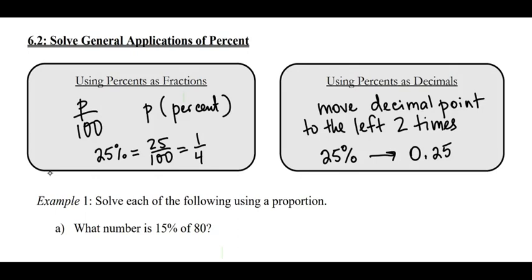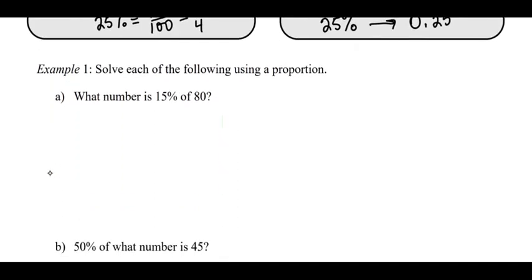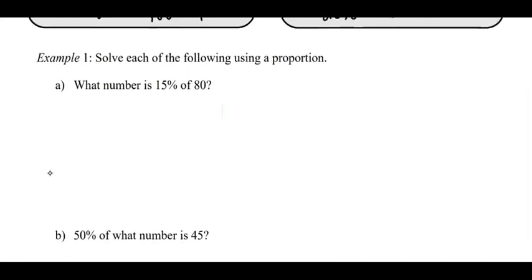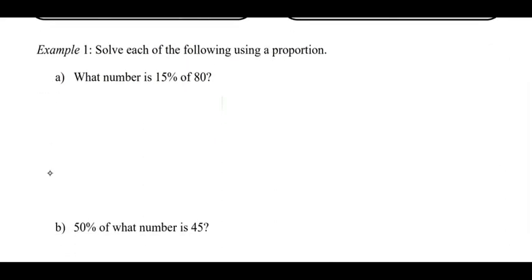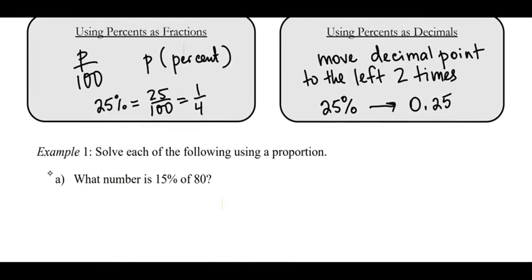In example 1, we are going to use a proportion to solve a percent. First we're going to set up a proportion. Here's the general rule. You can represent percent as a fraction by placing that percent over 100.